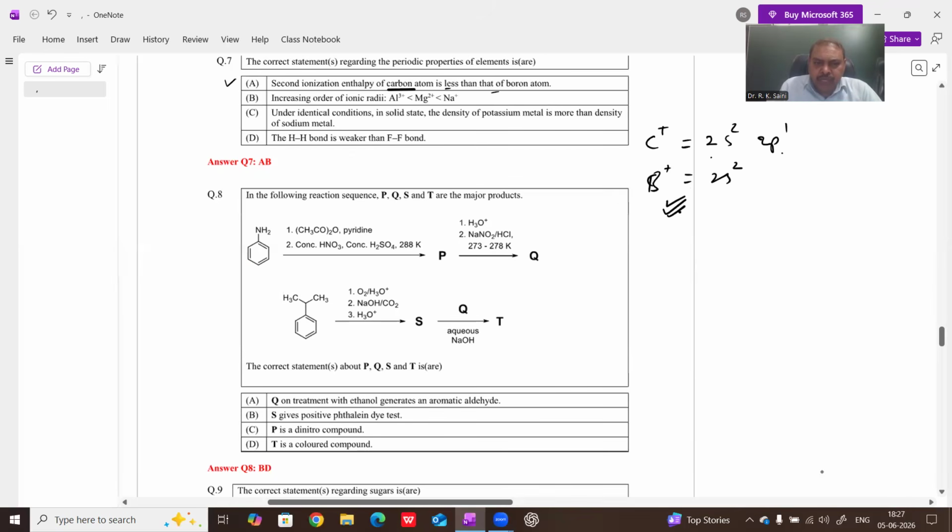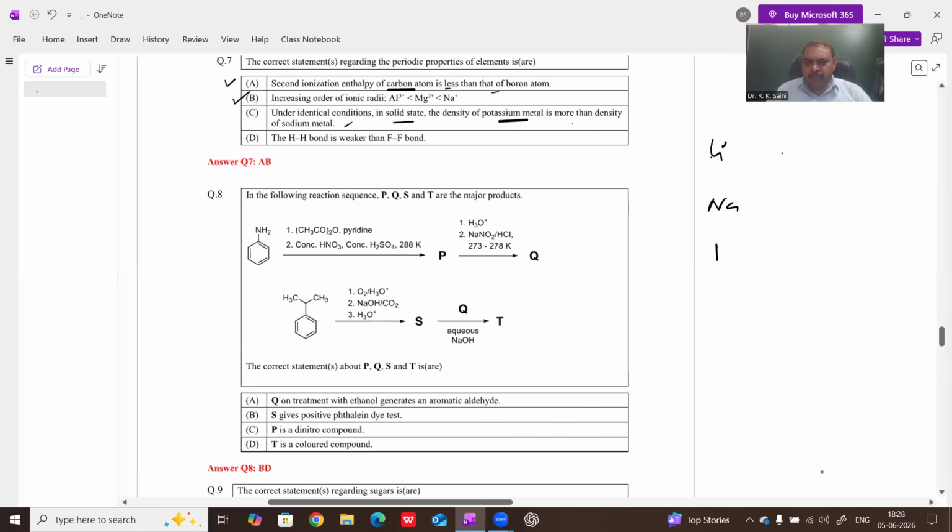The increasing order of the ionic radii is also correct, because when we go left to right in the period, size decreases, or we check from another point of view, the charges. When positive charge increases, the species becomes smaller. This is also correct. Under identical conditions, in the solid state, the density of potassium metal is more than the density of sodium metal. It is incorrect, because some exceptions are there.